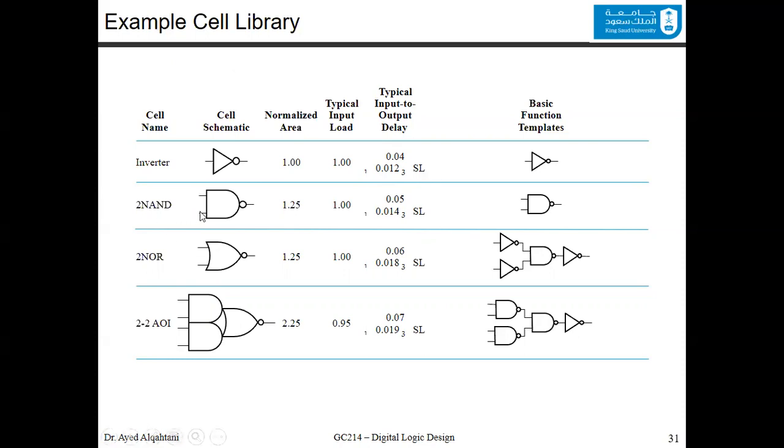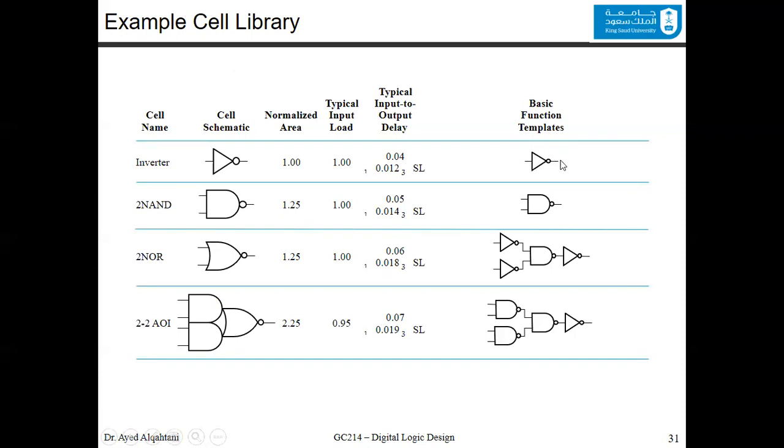You have 2 input NANDs like this one. You have 2 input NOR like this one. And you also have this circuit, which is the 2 ANDs followed by a NOR gate. If you go to templates, you wanted an inverter, and you find an inverter as you need it.